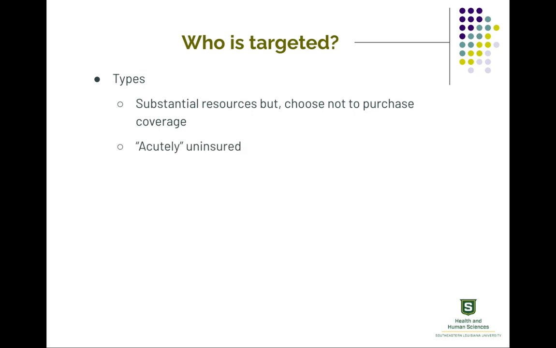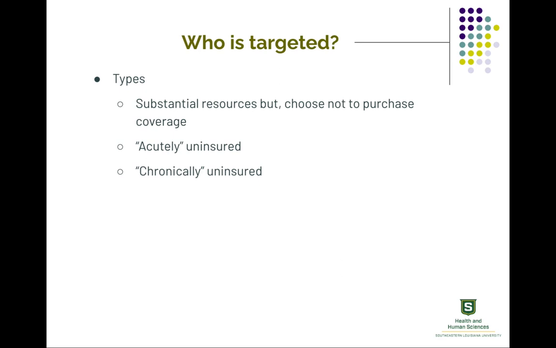And then you have those who are acutely uninsured. Maybe something happened and they just lost their insurance coverage for a short period of time, and it's a temporary circumstance that's going to be over, and then they get back to being insured. Then you have those who are chronically uninsured.